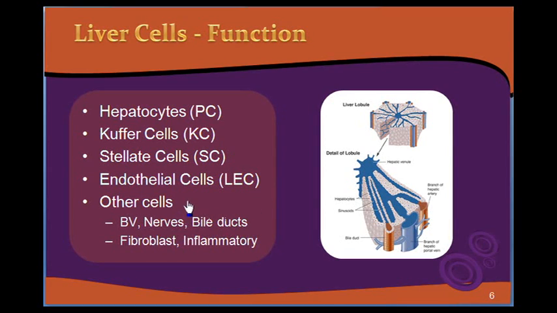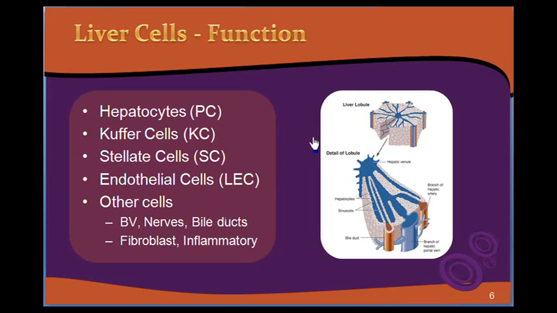Of course, there are numerous other types of cells in the liver, like the cells of the blood vessels, cells of the nerves, and then the bile duct cells, the lining of the bile duct mucous membrane, the fibroblasts, and the inflammatory cells.